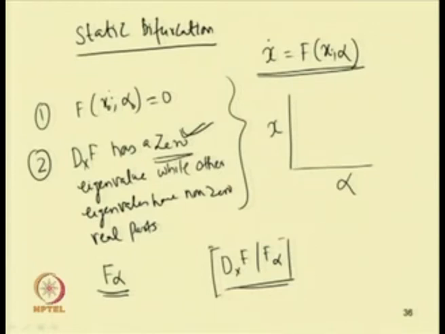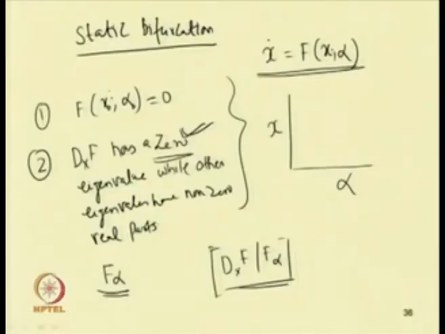So, to check whether this static bifurcation point is a saddle node bifurcation point or a different type of bifurcation point, we should construct a matrix with dxf and f alpha, where f alpha is the first derivative of f with respect to alpha.